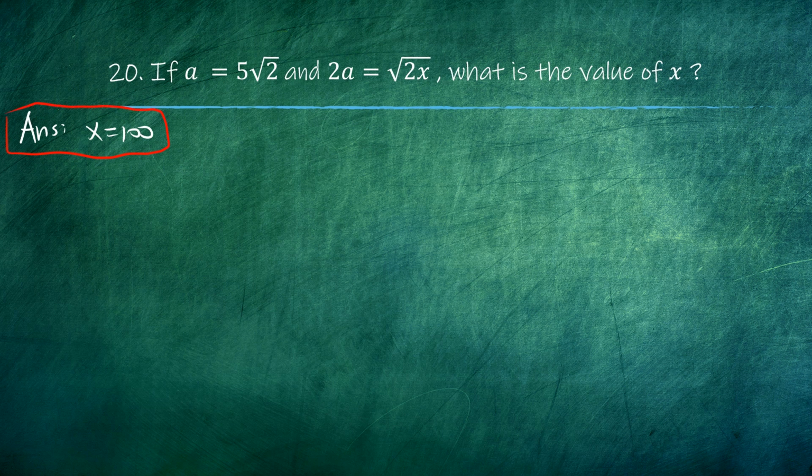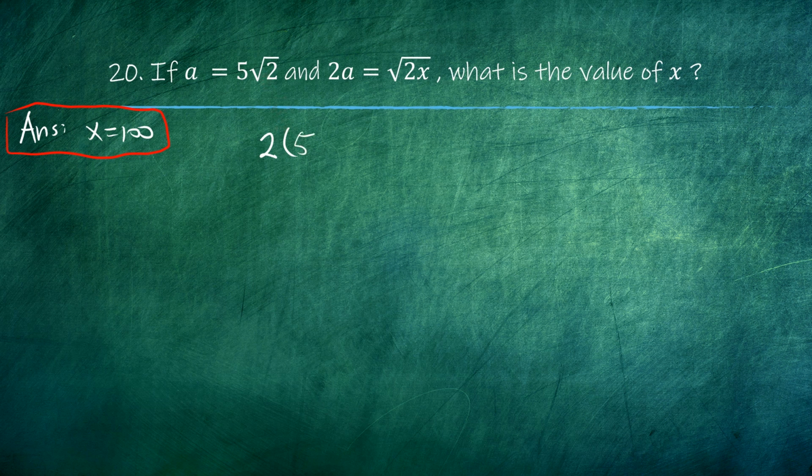All right, once again, there are multiple ways of solving for x in this case. One of the ways that we can try is by plugging a into this equation and solving for x. So let's try that. We have 2 times a, which we know is 5 times square root of 2.